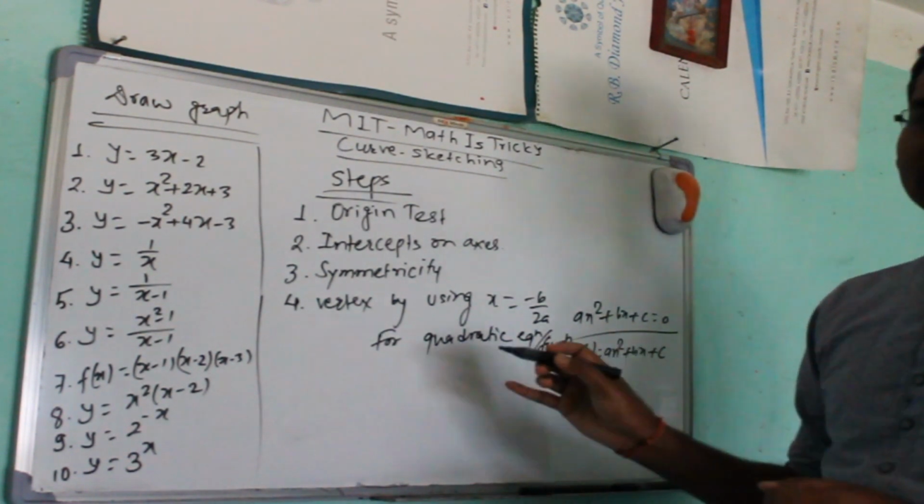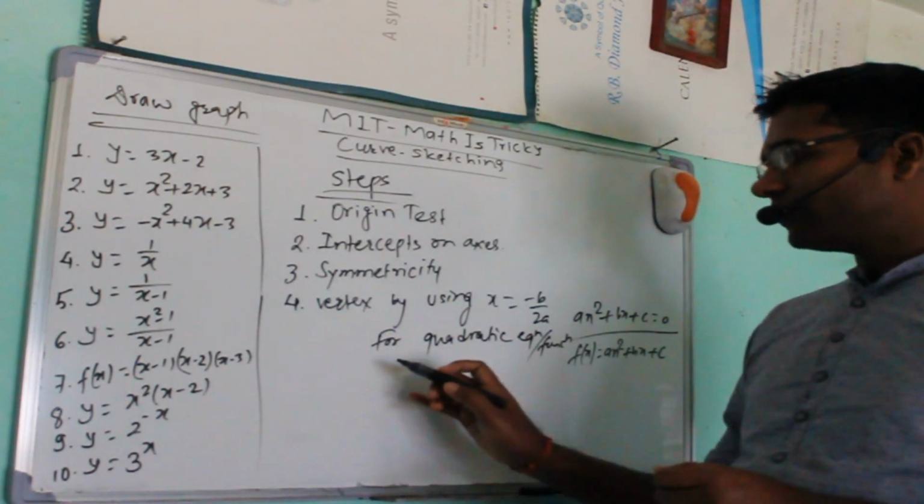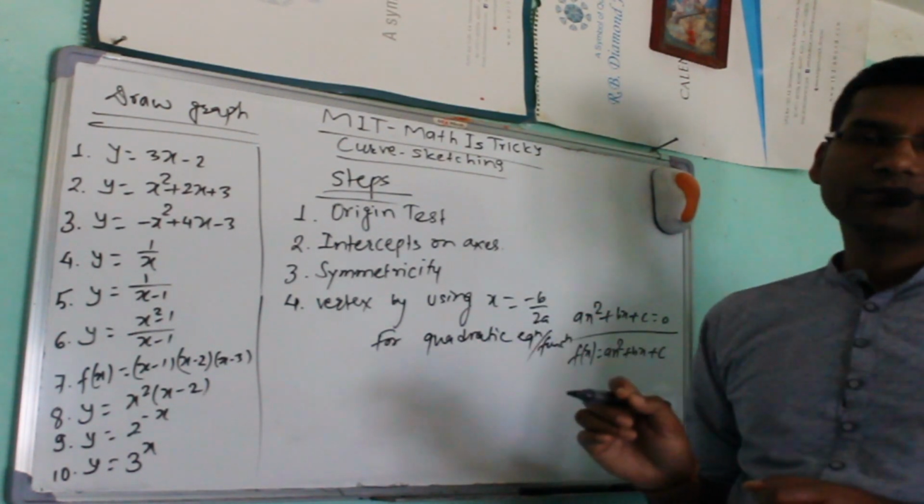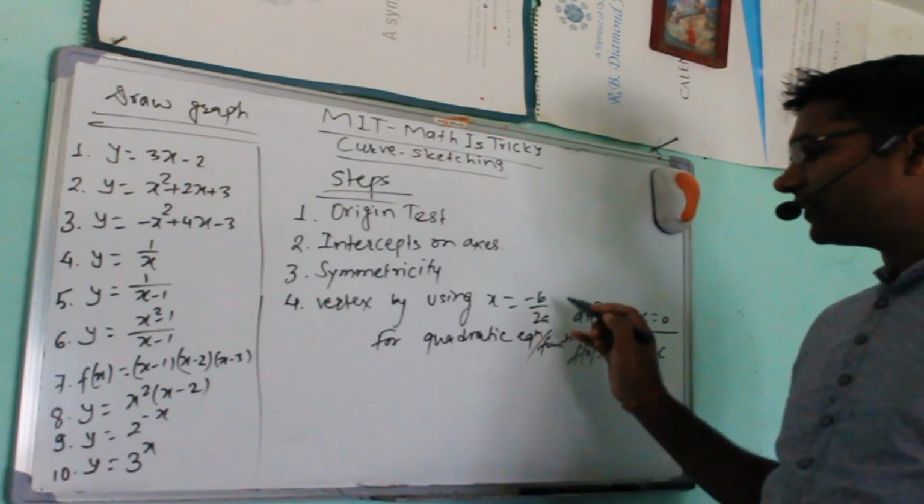So for a quadratic equation we'll be finding the vertex. After getting x, you can find the value of y by putting the value of x.